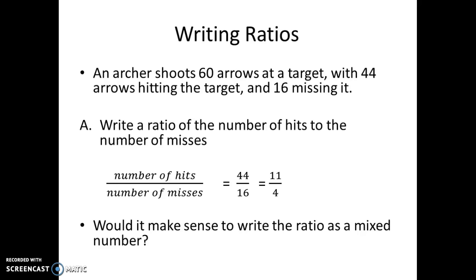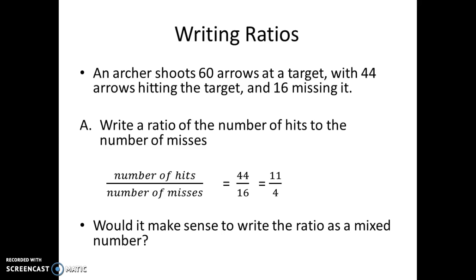So when we are writing a ratio, I have an example below here. So it says an archer shoots 60 arrows at a target, with 44 arrows hitting the target and 16 missing it. So if we want to write a ratio of the number of hits to the number of misses, the number of hits needs to be in our numerator because it is the first quantity that we see.